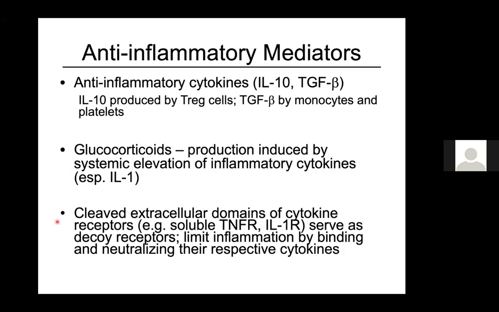And then you have some decoy receptors, like cleaved extracellular domains of cytokines. For example, you get a soluble receptor to TNF or interleukin-1. Because it's soluble, it's not on the surface of the cell. If the cytokine binds, there'll be no effect. So it quenches that cytokine, because an effect of a cytokine can only be produced if the receptor is on the surface of a cell.